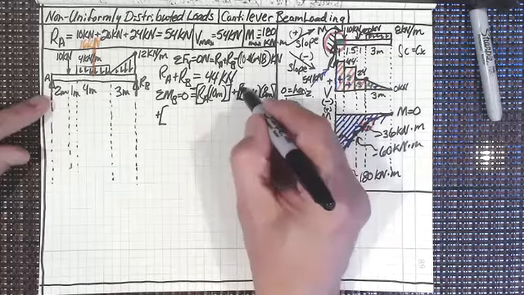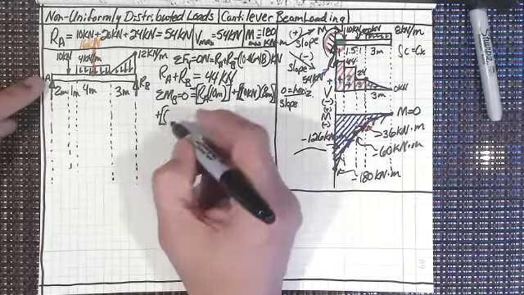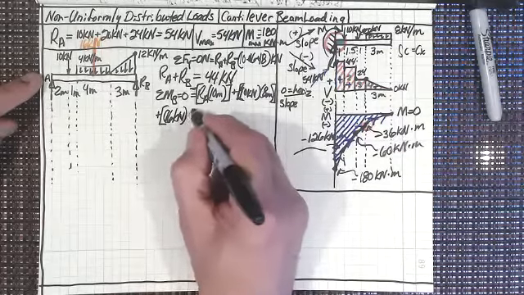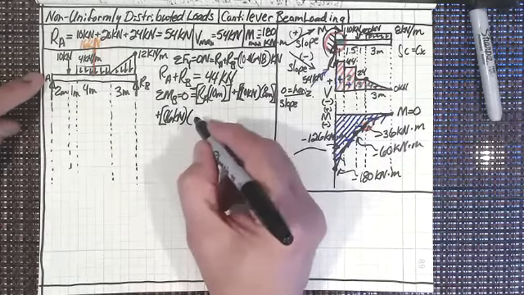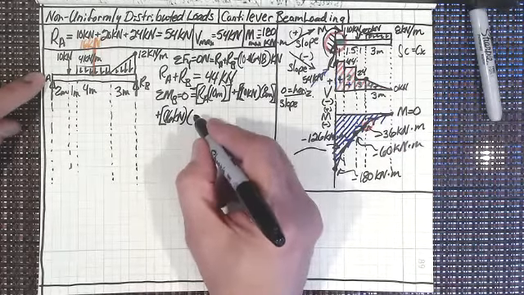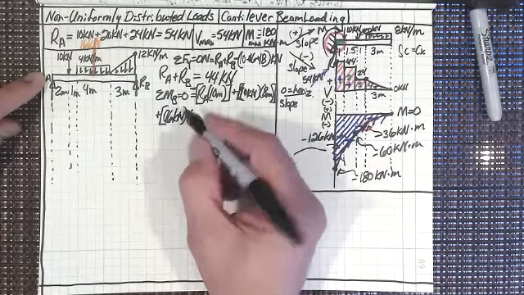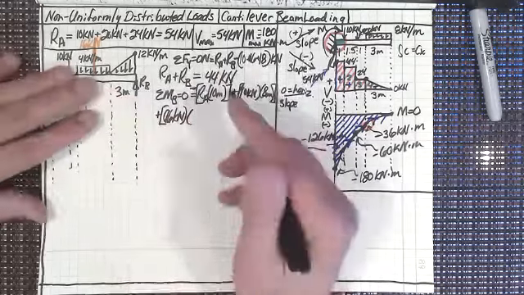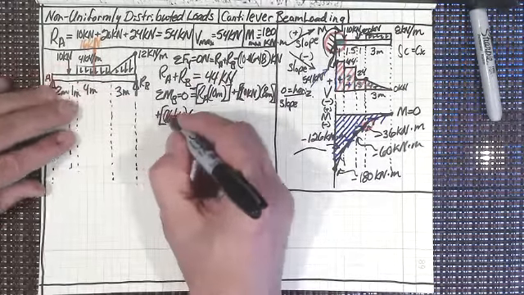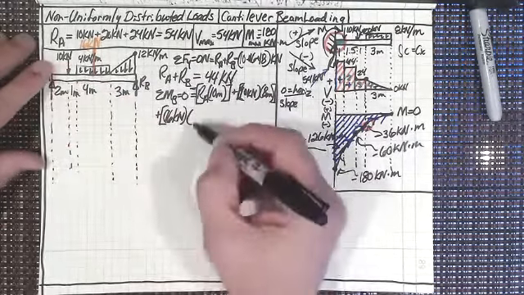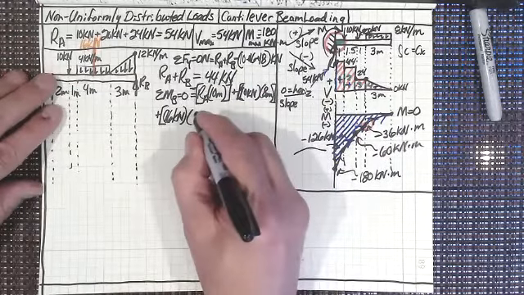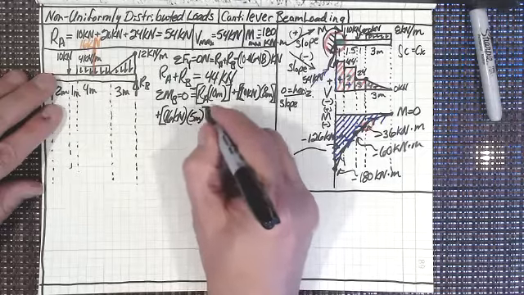Okay, so 16 kilonewtons times, I think everybody sees the positivity and negativity of the moment, and so I'm just using the magnitudes here. And so that's going to be 5 meters.